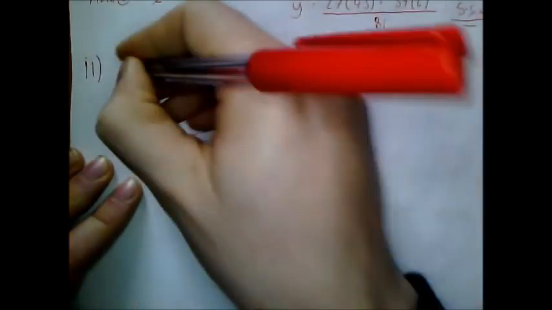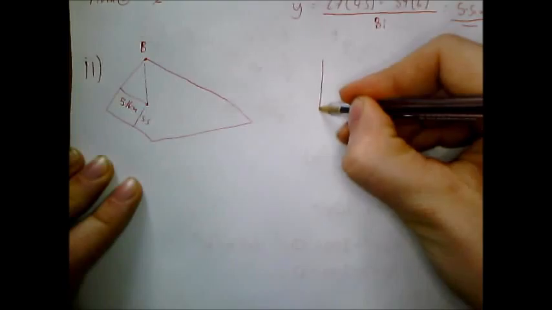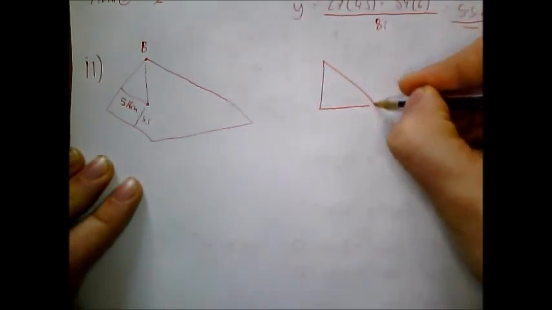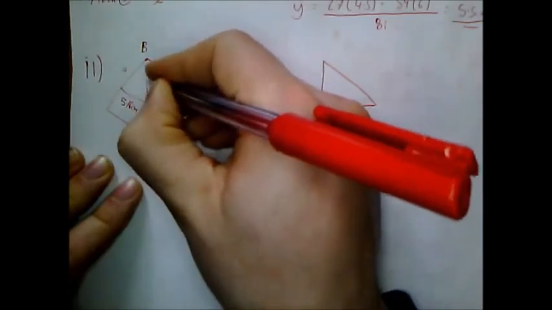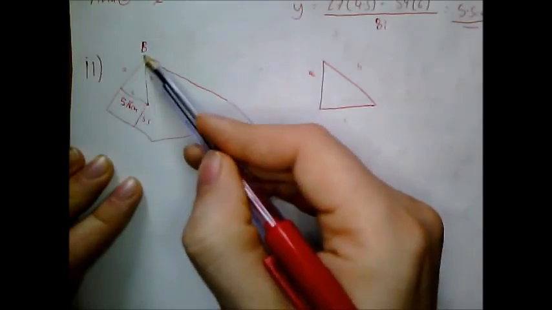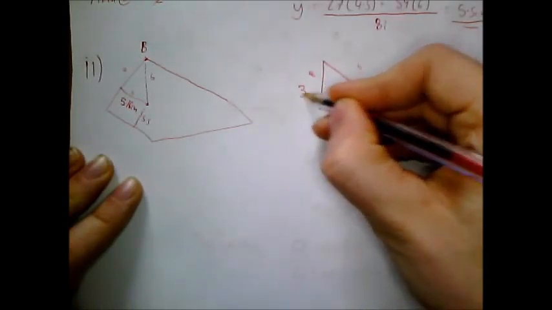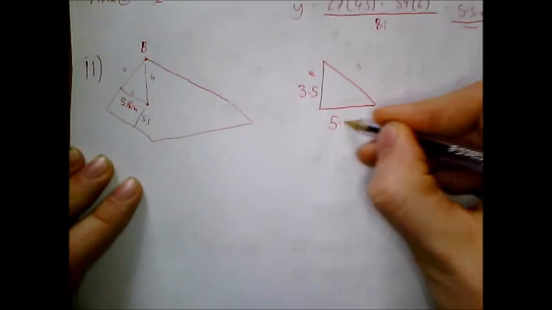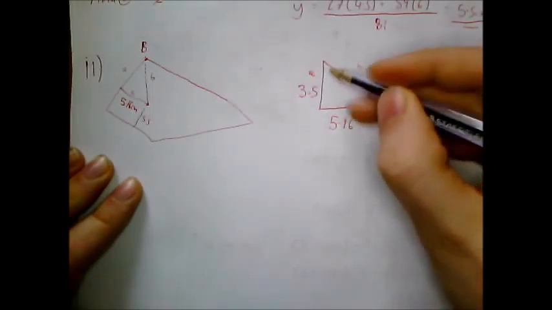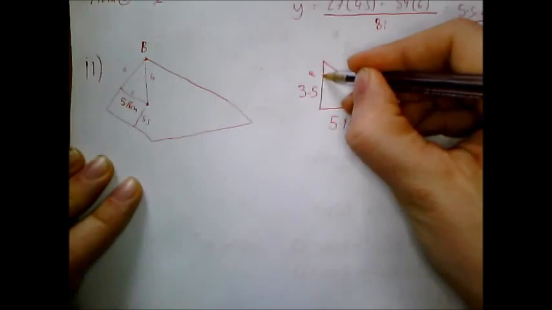So if we draw this triangle here, we've got A, B and C. A will be 9 take away 5.5, so that's going to be 3.5, and then this is 5.16 recurring, and we want to know this angle here.